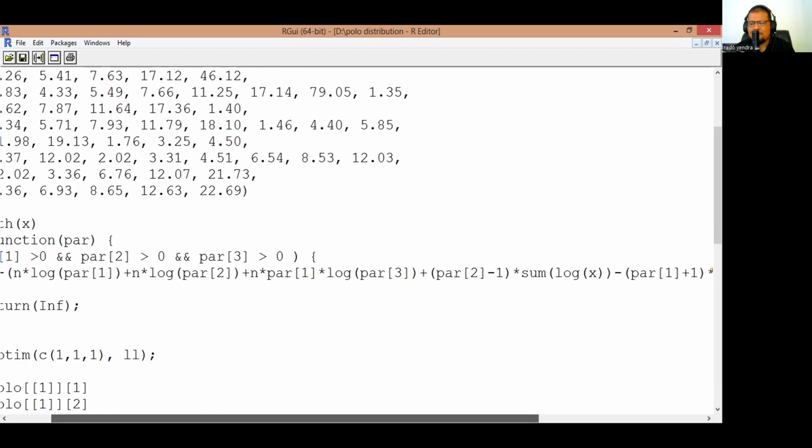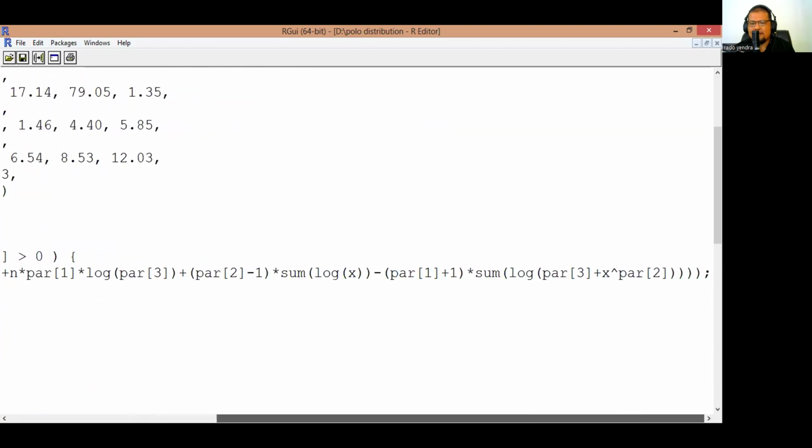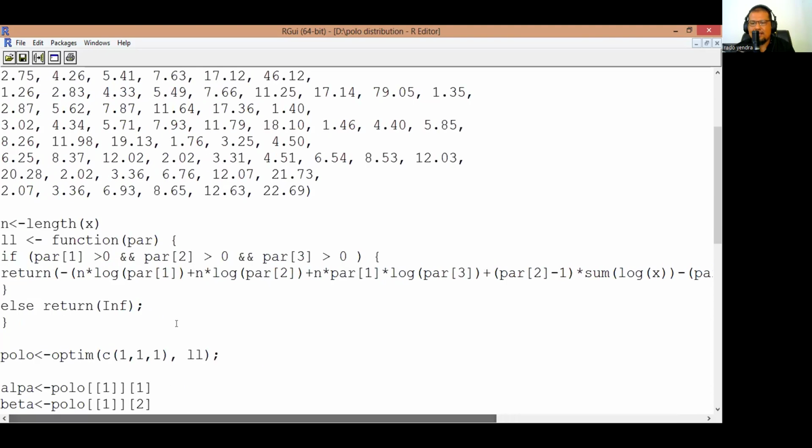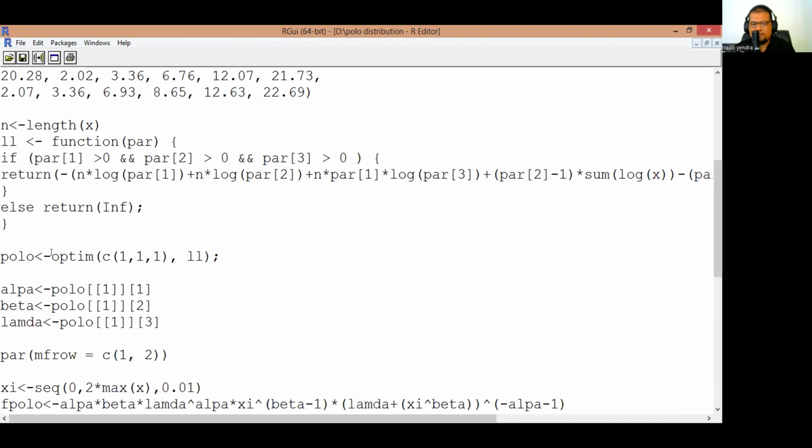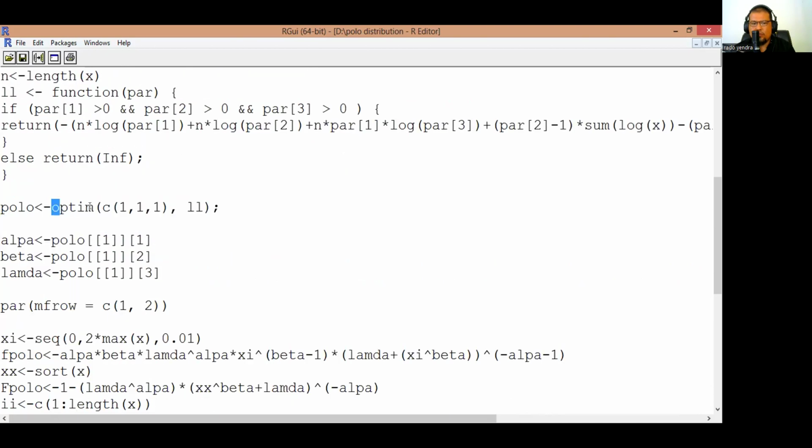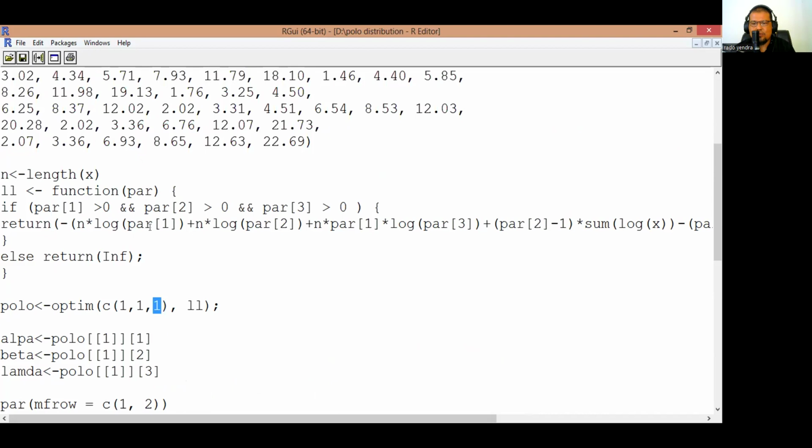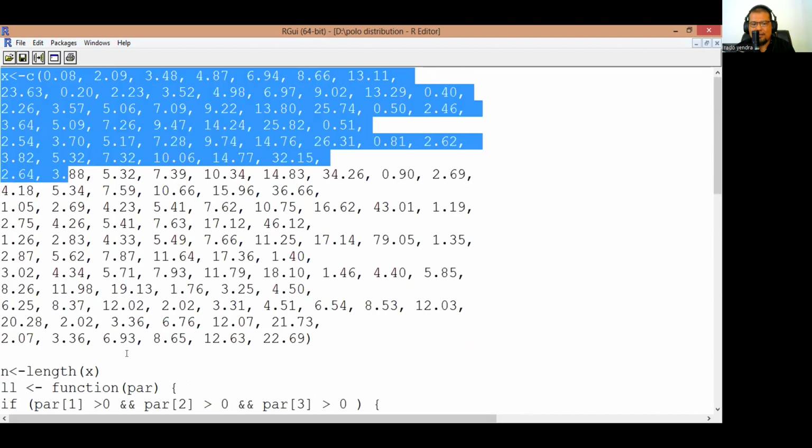After we create the log likelihood code, we use optim. Optim means we will try to estimate the parameters with the initial values alpha 1, beta 1, and lambda 1. Okay, we try to run our programming.